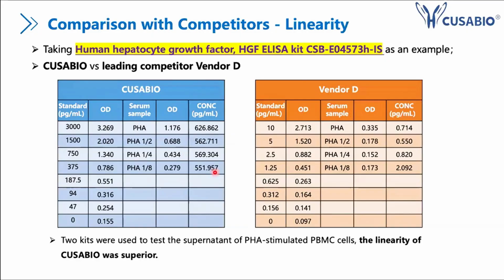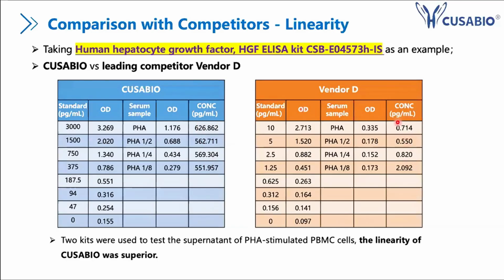To introduce the linearity again, we want the concentrations of the samples to be similar for all dilutions. As you see, we performed several dilutions for the samples, and CUSABIO has a very good linearity because the concentrations are close to the original undiluted one.